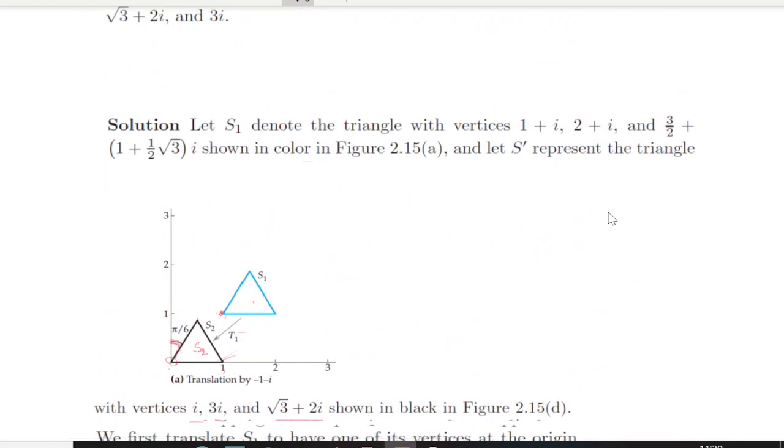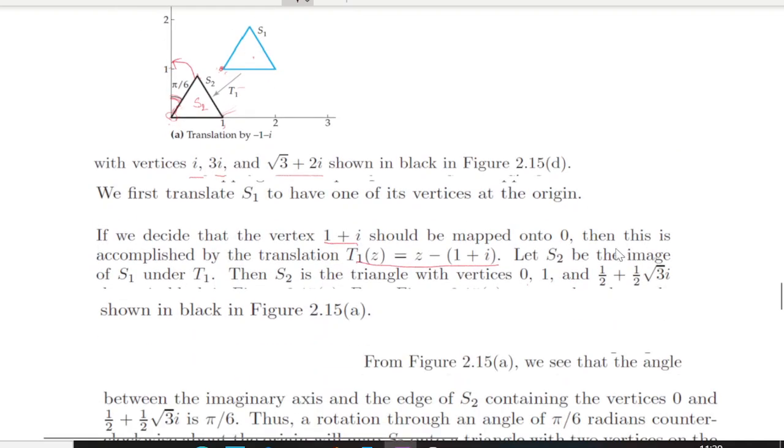So suppose you are rotating this by pi by 6. Pi by 6 radian means you will get this triangle over here, right? These two vertices will lie on the imaginary axis. So that only we are going to do here.